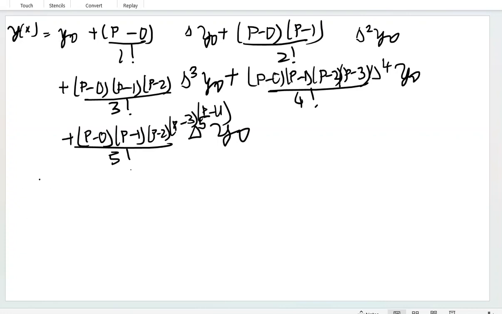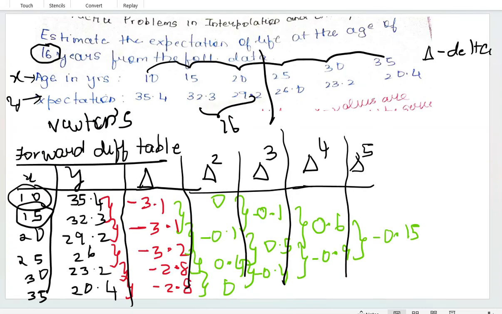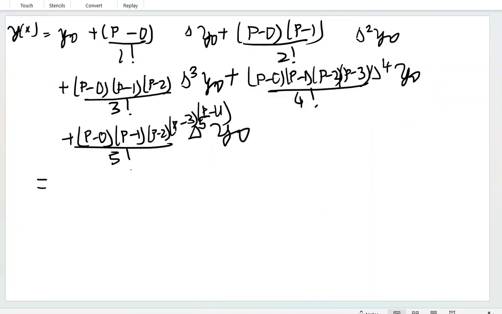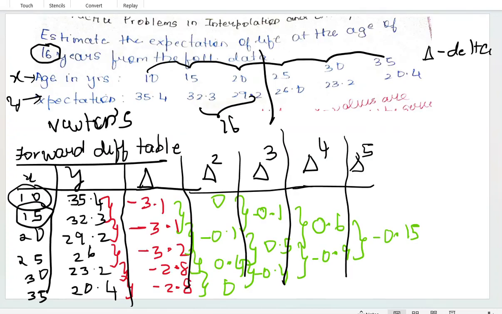Now basically now we insert all the values. y naught, if you observe, y naught is the first value in the table in the y column.